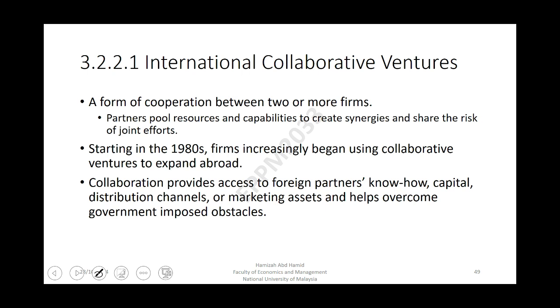ICV, or International Collaborative Venture, is a form of cooperation between two or more firms where firms pool resources and capability to create synergy. So these collaboration partners are able to access their know-how, knowledge, capital, and so on. This will help overcome government imposed obstacles.